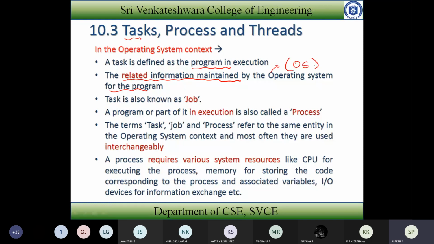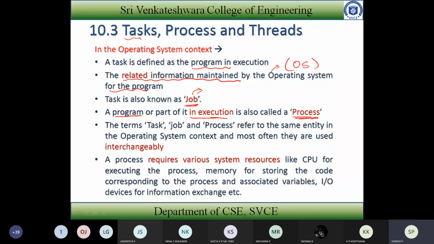Okay, so next, if we talk about the task, normally a task is also known as a job. So the other name you are going to give for a task is also job. Another name for a program or a part of it in execution is also referred to as the process.